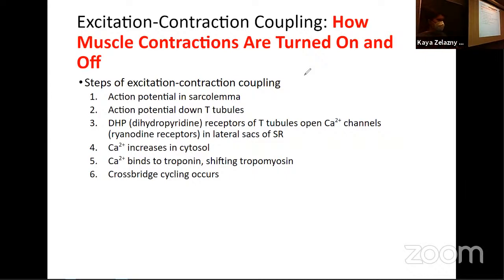And when it bumps into troponin, our little regulator molecule that's sitting on our thin filaments on our actin, this shifts that tropomyosin, that thread that was hovering over our myosin binding sites on the actin, exposes them, and now we're able to enter a cross-bridge cycle because the binding sites are exposed, and this is a cell that is alive, so it can bind ATP. We do have energy to do this. So that's the whole kind of signaling pathway inside the muscle cell.